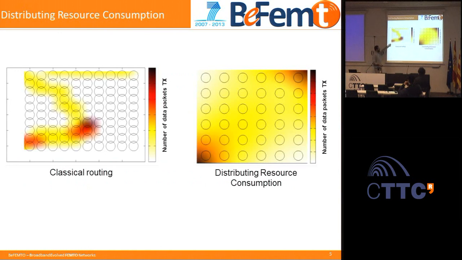In a conventional routing, what you have here is a grid where each circle is a node. So imagine a network of femtocells like this in the form of a square, and each of these circles is a different node.